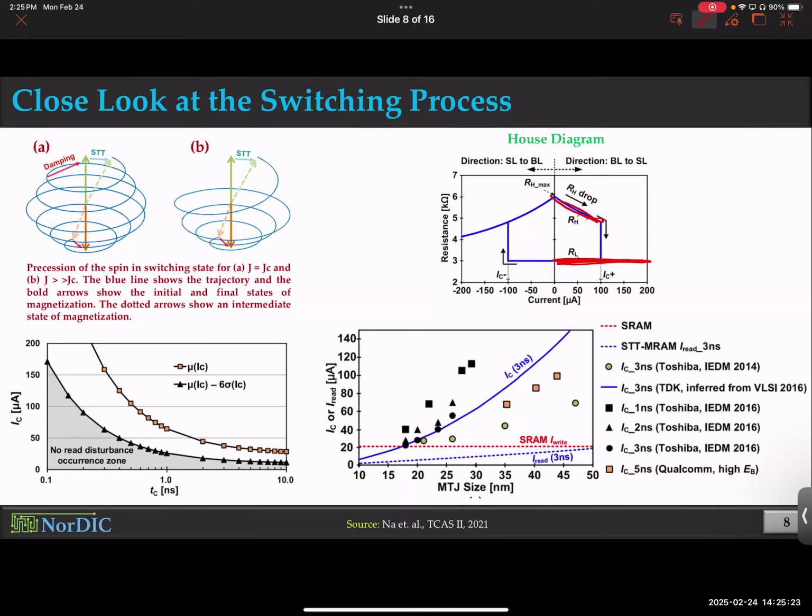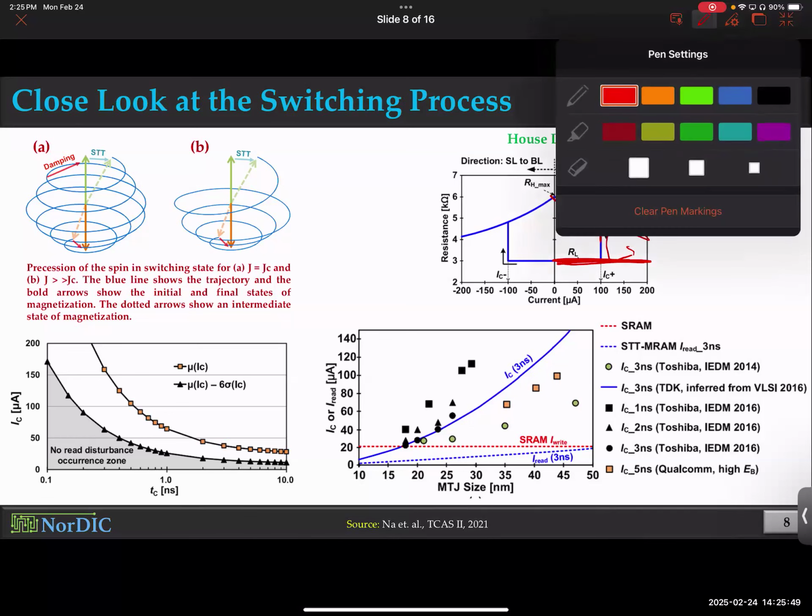Because remember, the house diagram is drawn keeping a time in mind. I don't know what the number was for this particular diagram, but maybe it was for 10 nanoseconds. And with 10 nanoseconds, if you apply this much current, it flips. And then you don't continue beyond that. Does that make sense, folks?